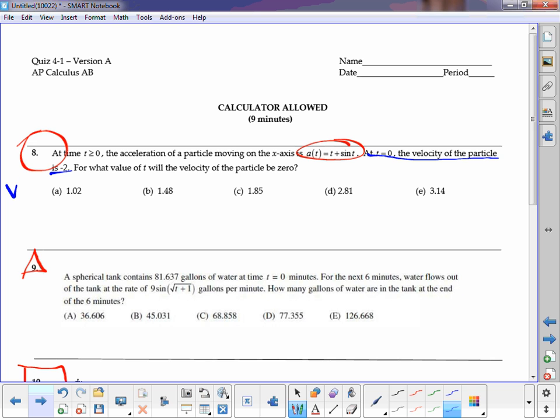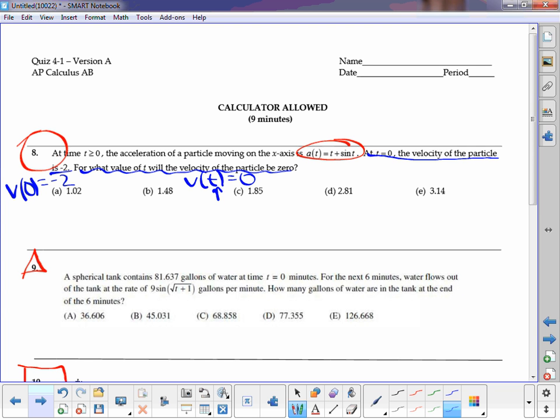So I have v of 0 equals -2. For what value of t will the velocity of the particle be 0? So what is this asking me to find? We're trying to find x, or in this case t, the time at which the velocity is 0. So we're trying to find the time at which my velocity is 0. Are we good with that? What we're trying to get.